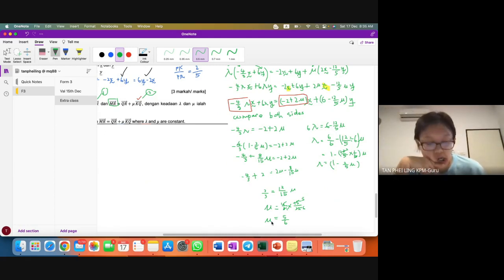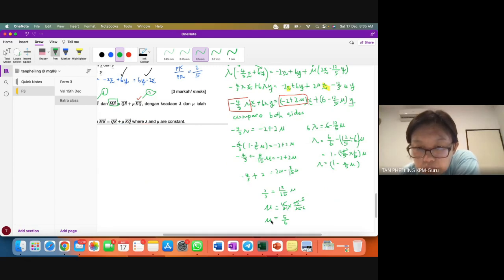Correct. Okay, did I do anything wrong? Lambda will be 1 minus 2/5 mu, correct. Substitute in. Okay, so I should have minus 4/3 plus, minus 2 plus 2 mu also correct.